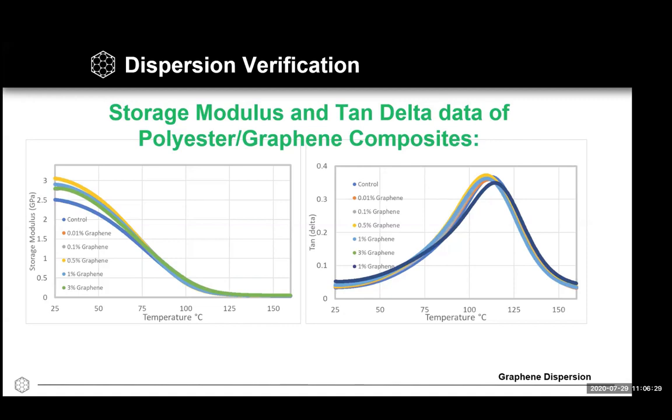What we observe here when we incorporated the graphene, starting from 0.01% all the way to 3%, is that we could achieve a 30% enhancement in storage modulus value by adding 0.5% graphene dispersion.